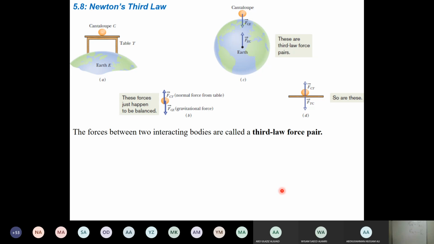Here, in this example, figure A, you are seeing there is the earth. On top of the earth, there is a table. And on top of the table, there is a cantaloupe. Okay? So what we have been discussing so far, if you talk about the forces between the table and the cantaloupe, that will be considered action and reaction.